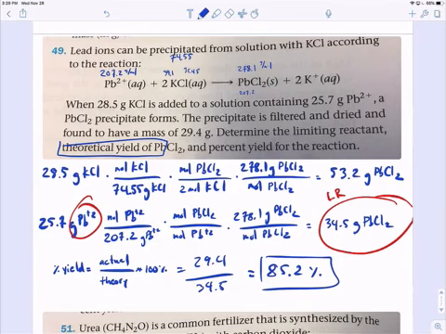Second step is to relate the reactant to the product, and there's a 1 to 2 molar ratio here, only a 1 to 1 ratio here. Then the molecular weight of the product. Same one down here, but it's a 1 to 1, and of course the molecular weight's different for the reactant. And we get 53 and 34 grams. The lower one is the limiting reagent, so the limiting reagent is lead plus 2. The theoretical yield is 34.5, and then the percent yield is actual over theoretical. We're given the actual, so the percent yield is 85.2%. So, questions with how to do this? Okay. Alrighty.